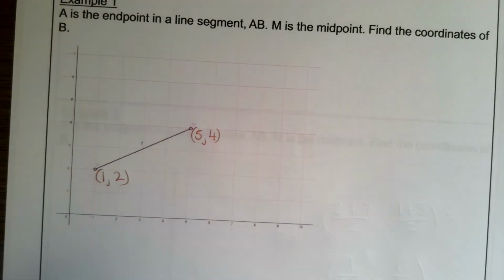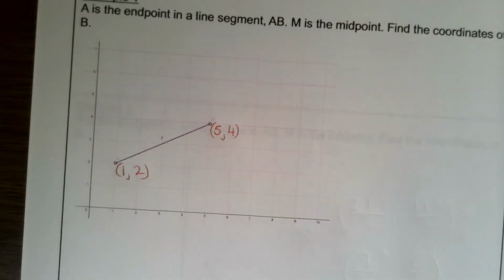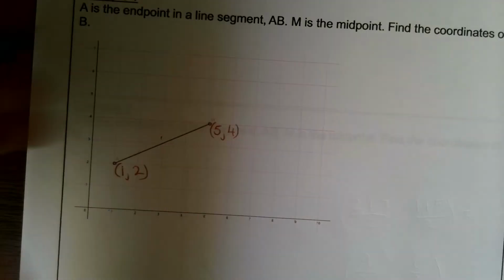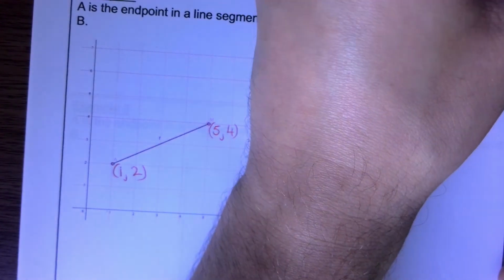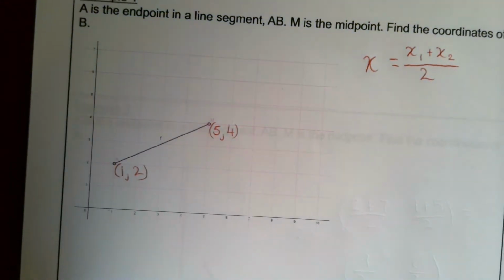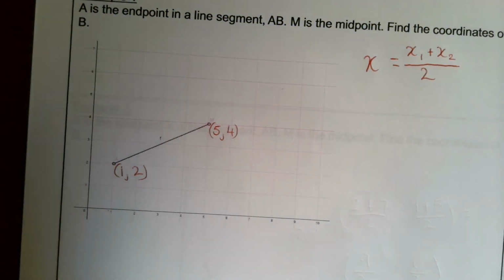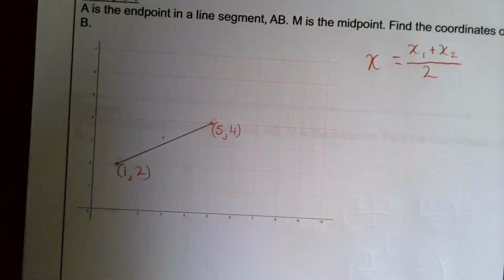Okay. So what I'm going to do is take, just to begin with, the new equation for finding x. So x equals x1 plus x2 all over 2. Now I know that the big X is my midpoint, so I'm going to substitute in 5.